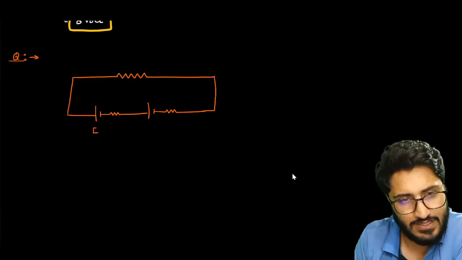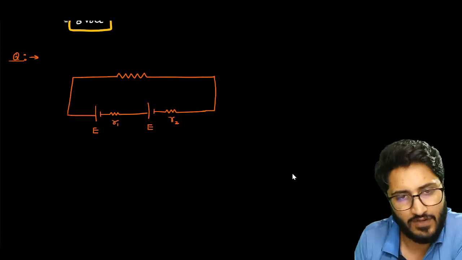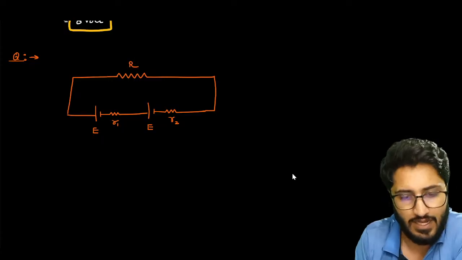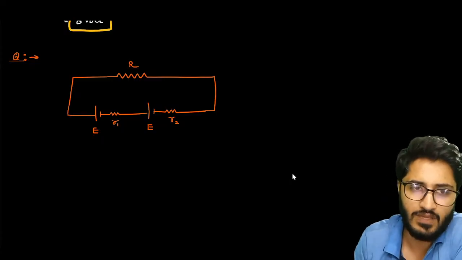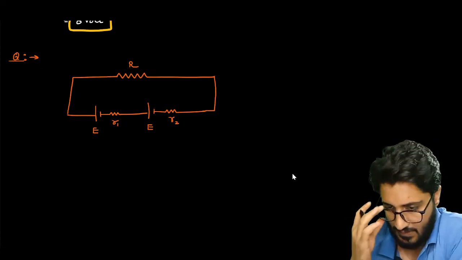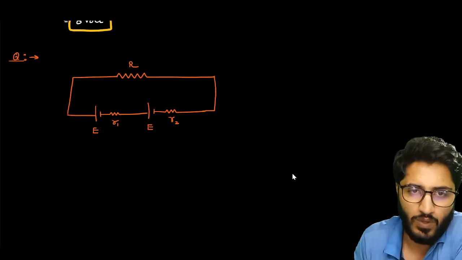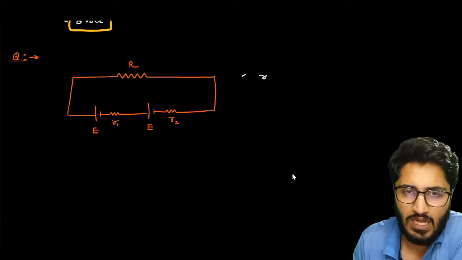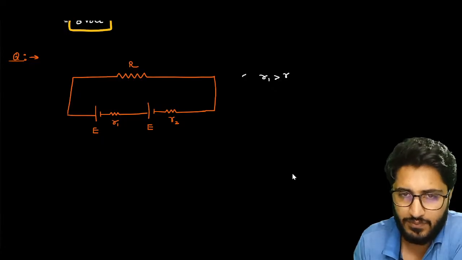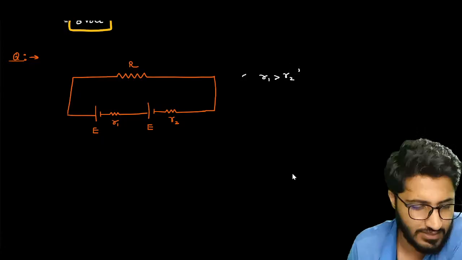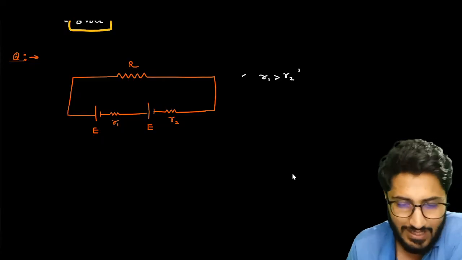If this one is E, this one is E. Internal resistance of the first one is R1, internal resistance of the second one is R2, and this one is R. And R1 is more than R2. This thing is given to us.